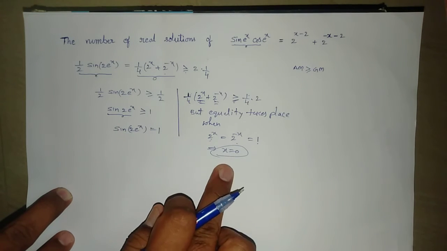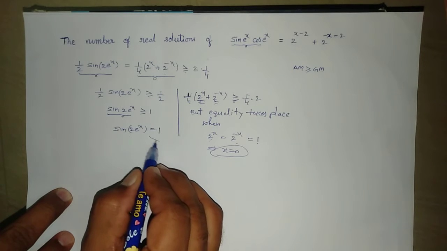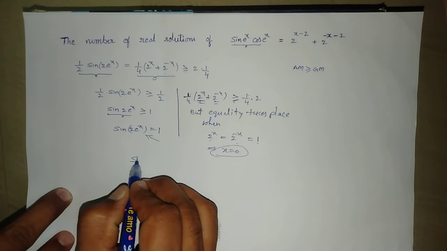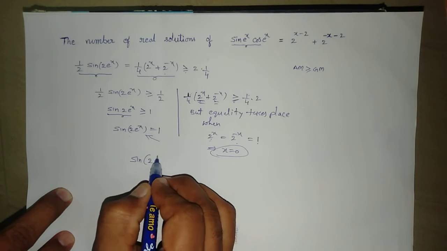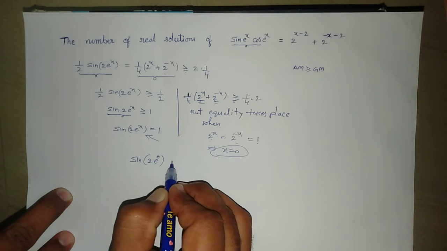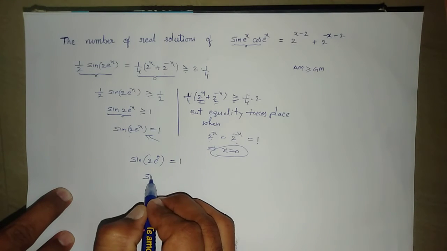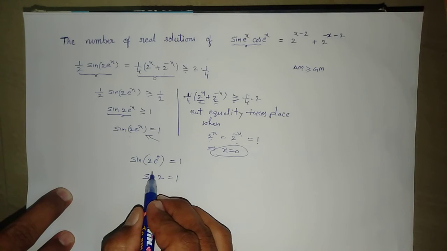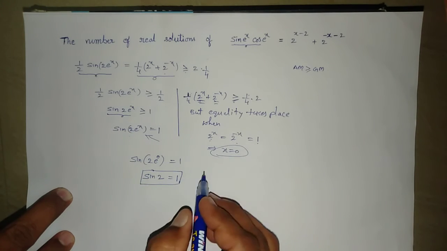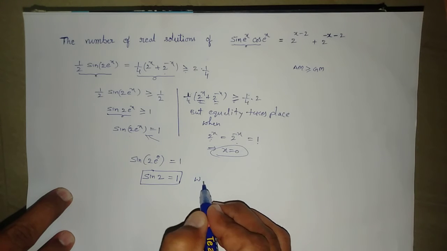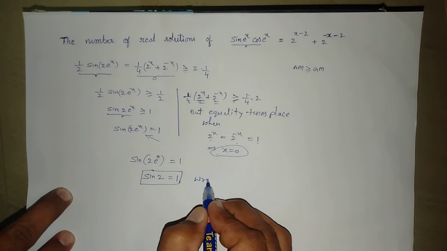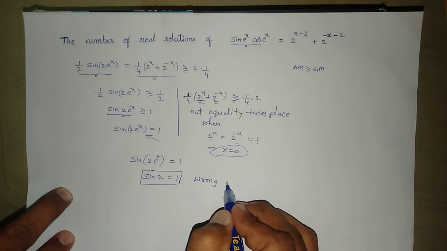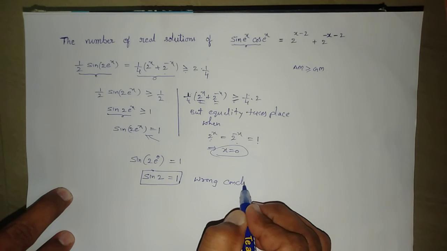So if x equal to 0, come to this condition. So sin of 2e^0, that is e^0 equal to 1, that is sin 2 should be equal to 1. But this condition is not a true statement, this is a wrong statement, because the sin 2 value cannot be 1. This is a wrong conclusion we got.